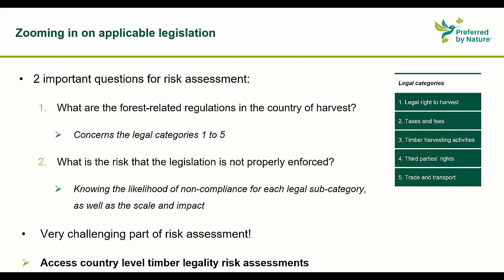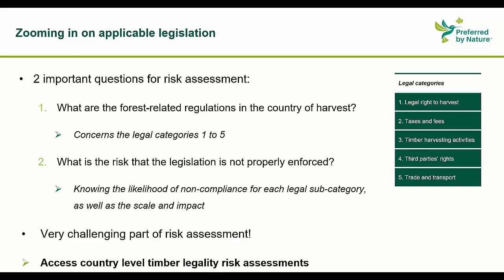So in terms of doing a risk assessment, what is the kind of information that we need? Well, the first question is, are there risks in the country of harvest of my material? Those are something that we need to assess in different kinds of legality risks. So when we talk about legality, there are 5 categories actually. So we have the legal right to harvest and all the legislation that could include that.